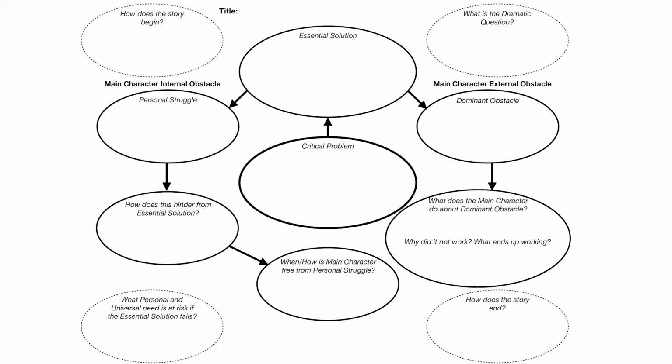All right, so now going to the personal and universal need, what the risks are if the essential solution does not succeed. Well, personally for Frodo, it's the Shire. He doesn't care about Gondor. He doesn't care about these other places. He doesn't know about these other places. But he goes.